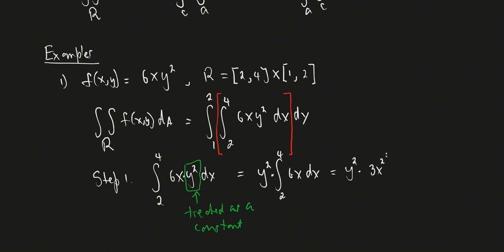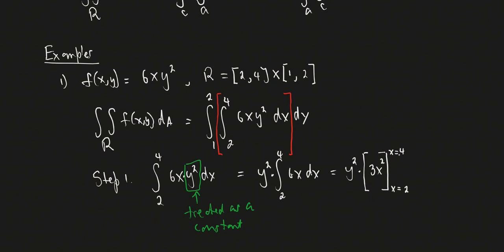And we use the same notation. Now, you could do this if you wanted to. Now that you have multiple variables in your integral, you could literally bracket this off and say that we're using the limits x going from 2 to x equals 4. So you could do that.